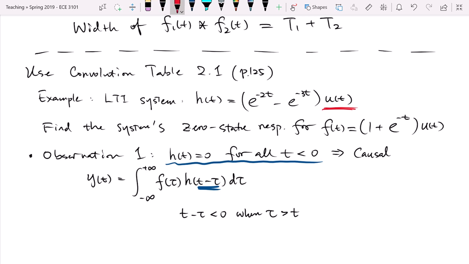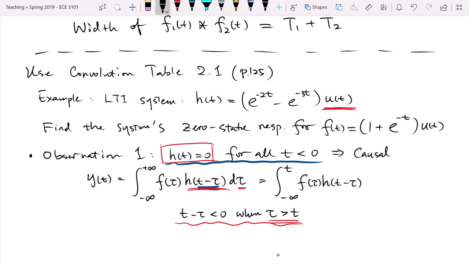This is the range where you will have a 0 in your integral. Its term will be 0 in this range. And since tau is the integral variable, it goes from negative infinity to plus infinity, but you don't really want it to go beyond t, since beyond t the integral in that part will be 0. So you can further write it as the integral from negative infinity to t of f of tau h of t minus tau d tau. And this is because the system is causal.